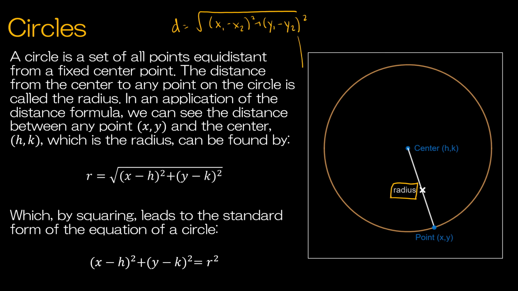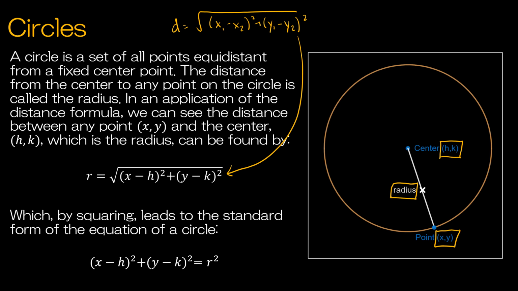And so using that distance formula, if we say the center is a point (h, k), and any point on the circle is the point (x, y), we can certainly just do some replacements to find that the distance, or radius, is the square root of x minus h quantity squared plus y minus k quantity squared.